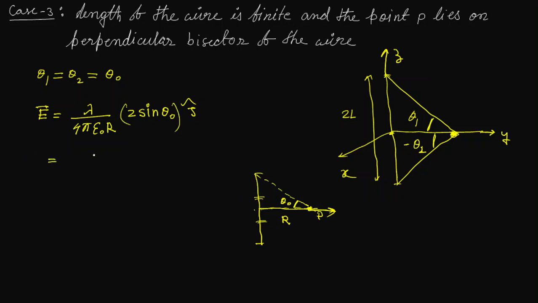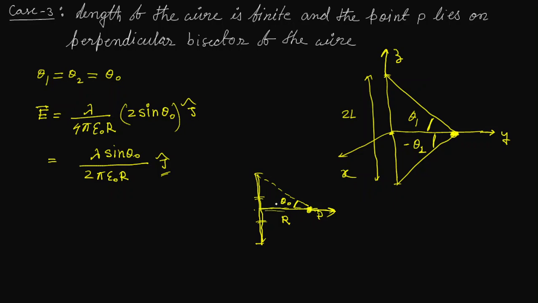So if we simplify this a little bit more, we get lambda sine theta naught divided by 2 pi epsilon naught r j cap. In this case we have considered a point on the y-axis, that's why it is j cap. In general, let's say we have a wire like this, and we want to calculate the electric field at this point, which is on the bisector of this wire.